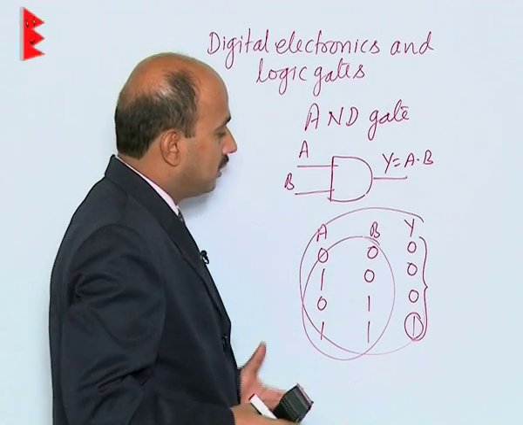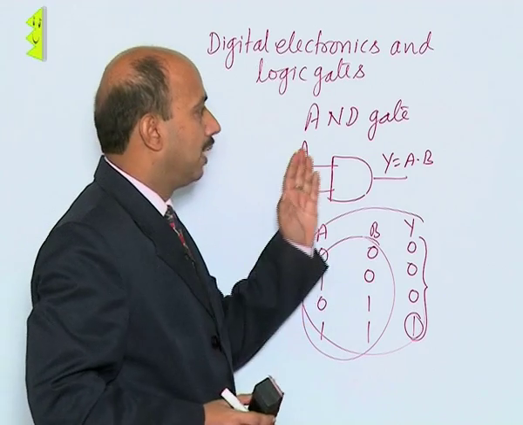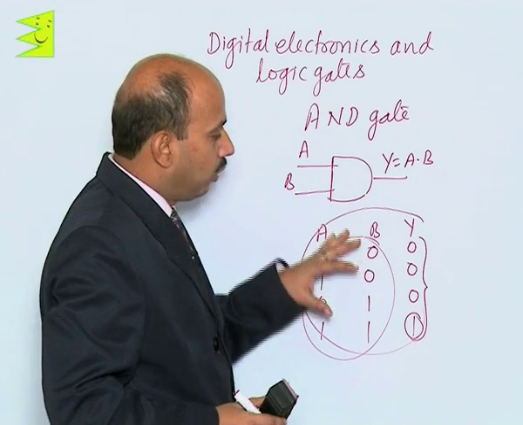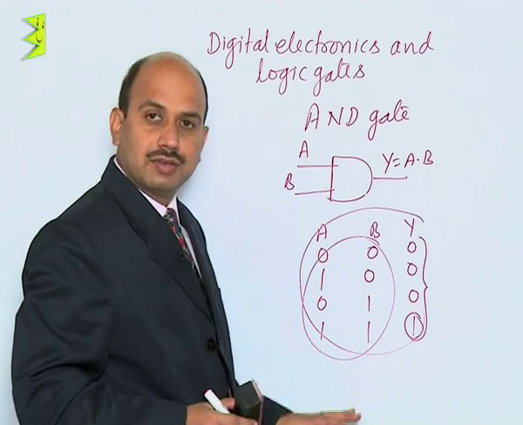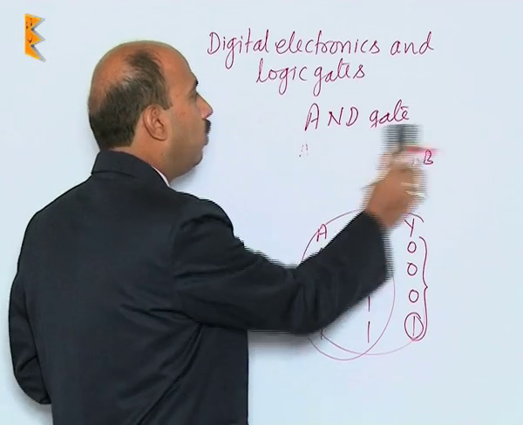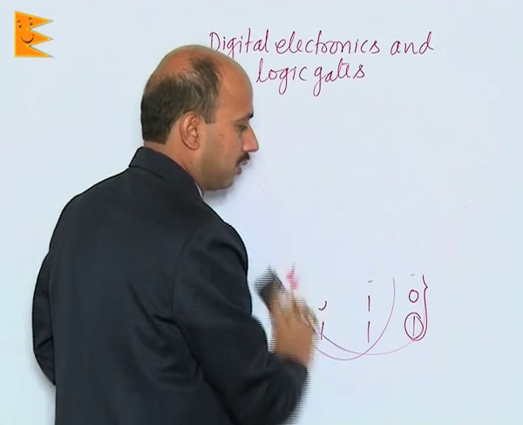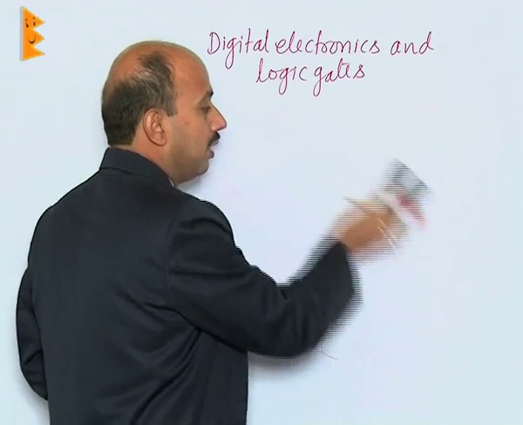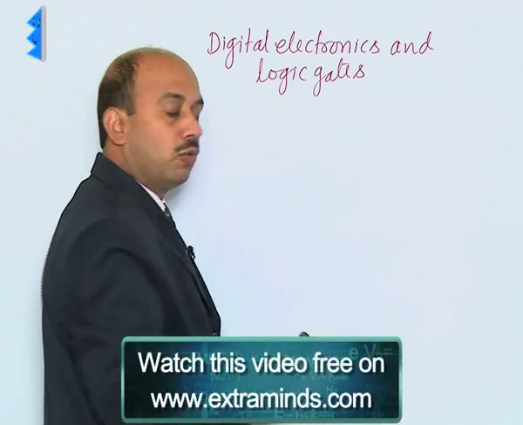This type of logical relationship is performed by this AND gate, and this is known as the truth table of the AND gate. Now, the third one is called the NOT gate, which basically reverses the input and output.